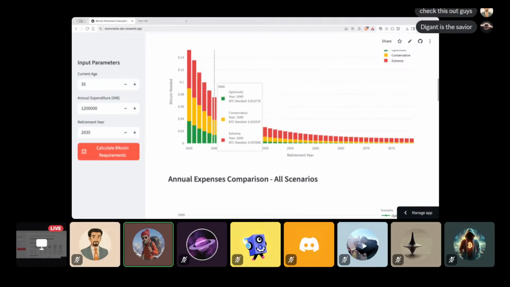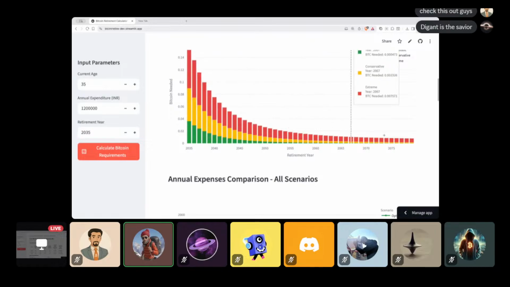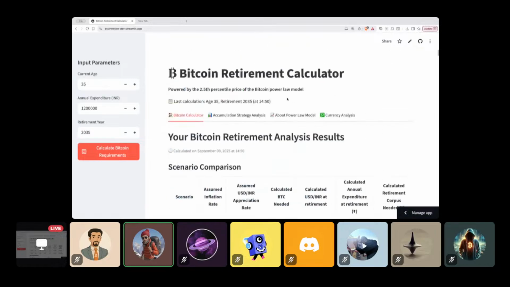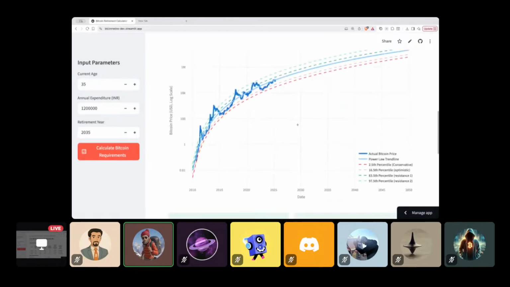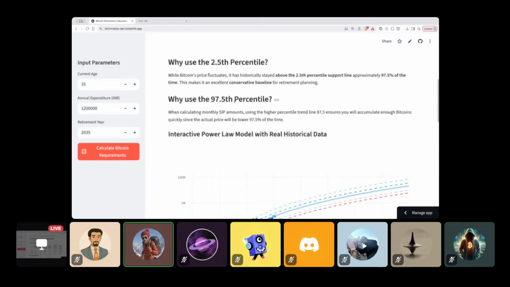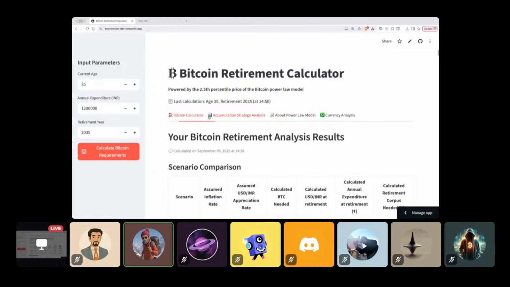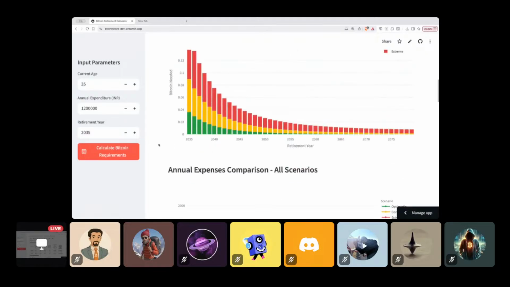The assumption is that BTC's price appreciates following this 2.5th percentile line that you saw here. The price keeps going on here, but in all likelihood, BTC's price will hover somewhere above and below the actual trend line. So you are looking at a very conservative estimate and target.